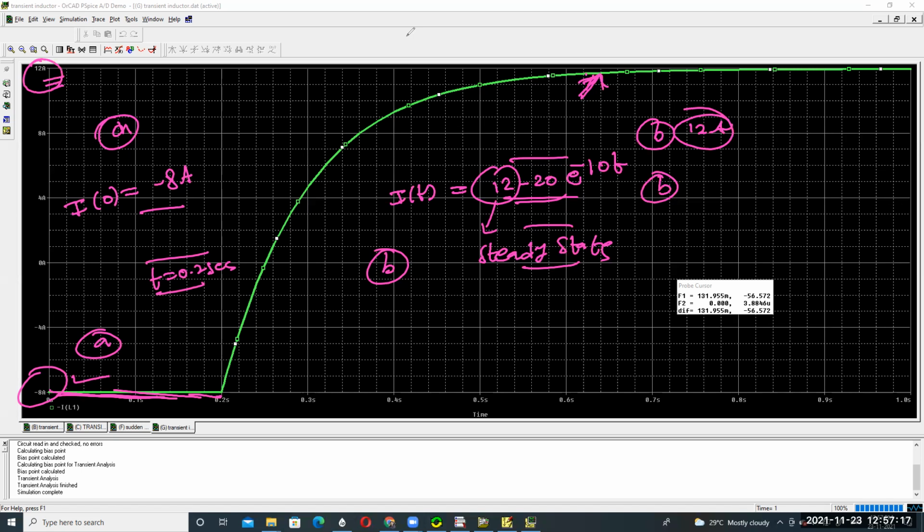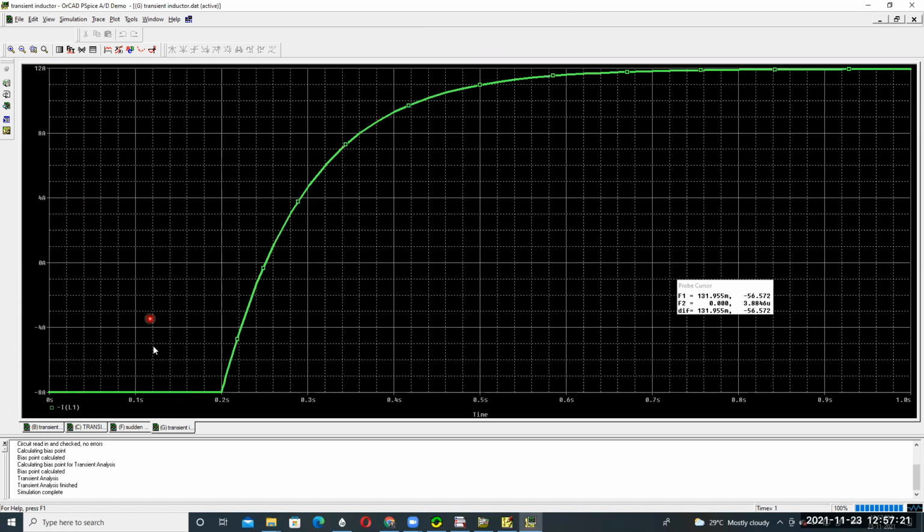If you want to know the different values, use markers. Take this icon, press this, and then press this icon, and you will get different types of marker values. If you want to know the upper peak, press here, then you will get the lower peak.